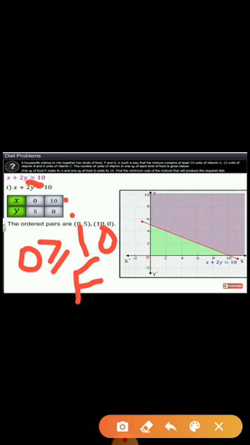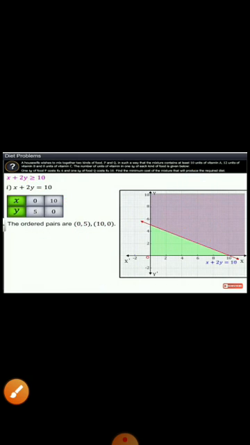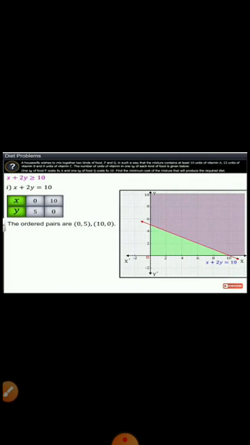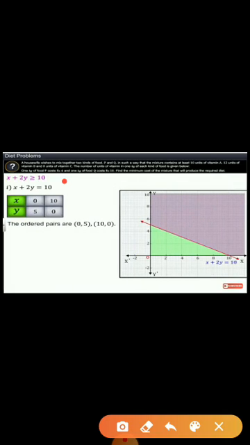If the condition is false, then the region will be away from the origin. In the first part we have seen this was our region. So for the first inequality, it will be this part, which would be the feasible region.